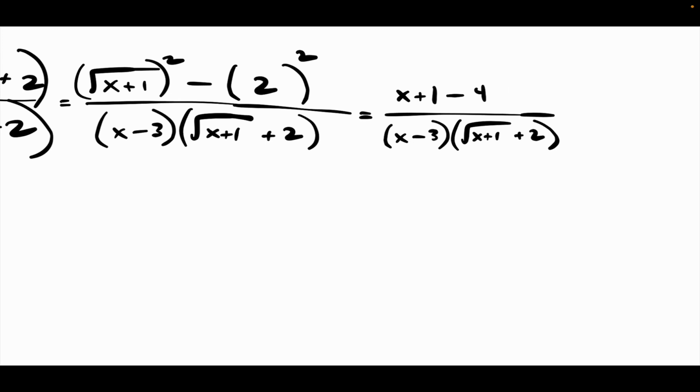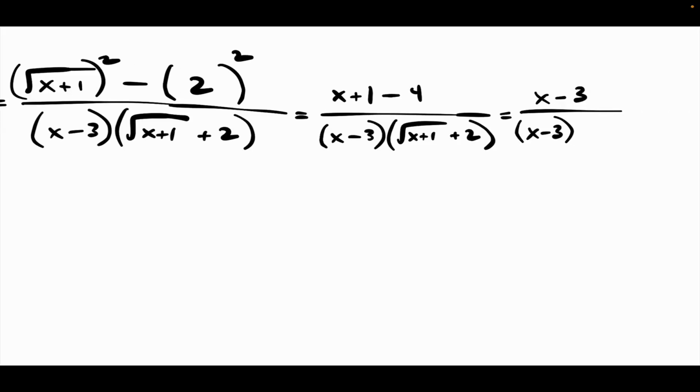We'll come back to it in a second. I can simplify the top. What is the top going to become? X minus 3, right? Because positive 1 minus 4 is minus 3. Rewrite the bottom.